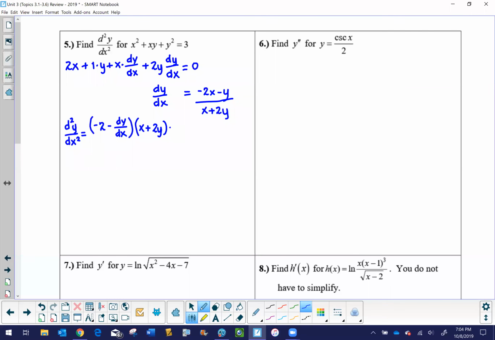And then we subtract the numerator, and we multiply by the derivative of the denominator, which in this case would be 1 plus 2, and then we tack on the dy over dx. All right, and then we're going to put this all over, move down a little bit, all over x plus 2y squared.